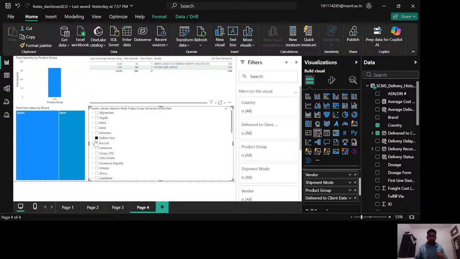Here we can see that in Burkina Faso the preferable product group is ARV, and the average delivery delays are minus 6.02 and 6.02, and the total average delivery delay is 12.5.